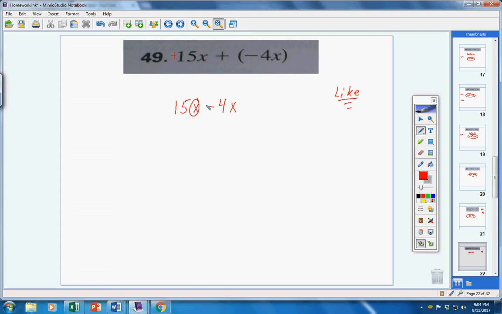So I have an x and an x, so they're like terms. So bring your x down, a positive 15 and a negative 4. You have $15, you pay off $4 debt, and you're still left with positive 11. Positive 11x. It's very important, students, that you know how to do this, okay, for future math.